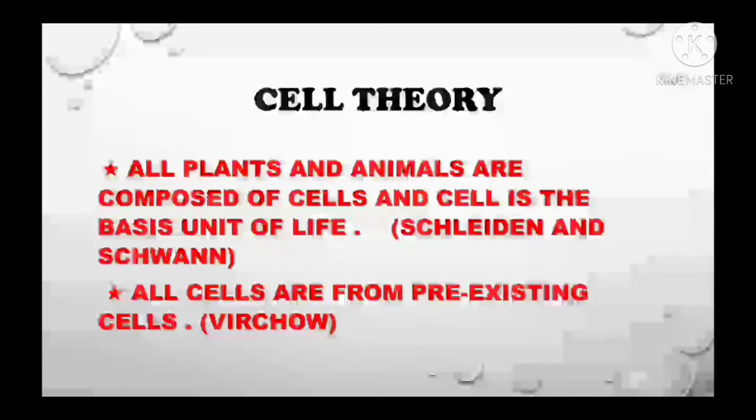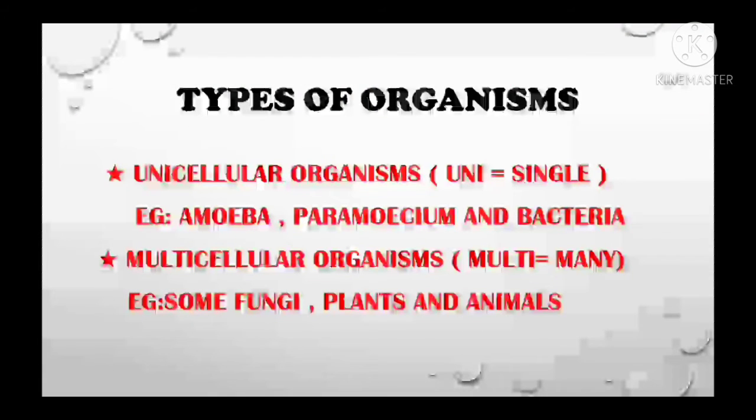Now let's move to the types of organisms. There are two types of organisms, unicellular and multicellular organisms. The word uni itself refers to single, so unicellular organisms means organisms which have only a single cell.